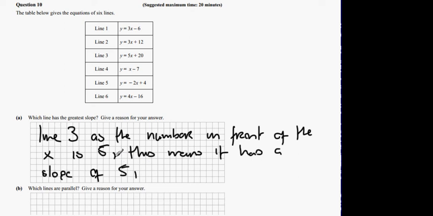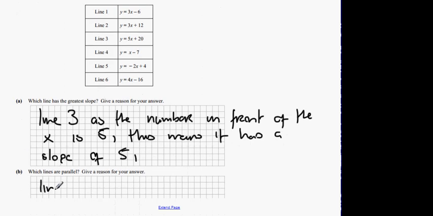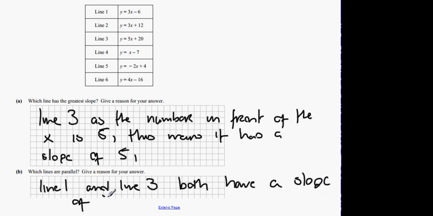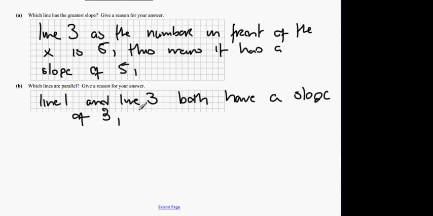Okay, which lines are parallel? Anybody? Line 1 and line 3 both have a slope of 3 because 3 comes in front of the x value. 3 is being multiplied by x.